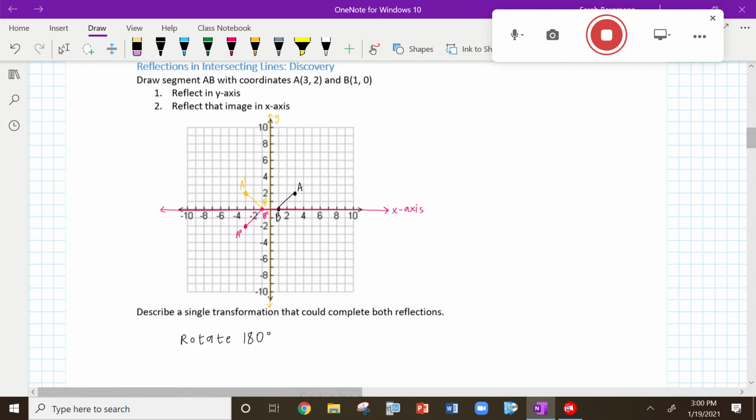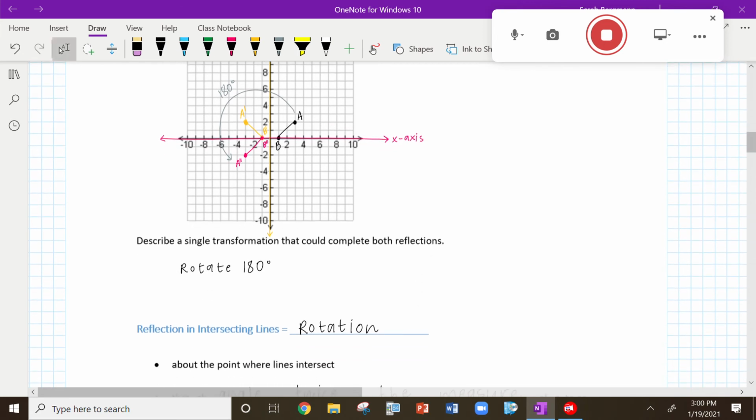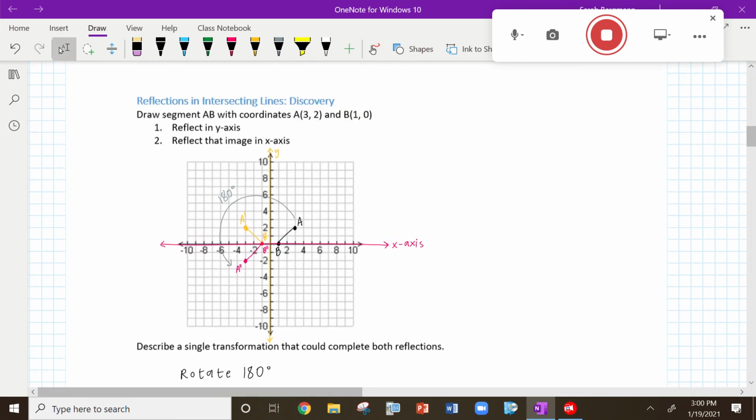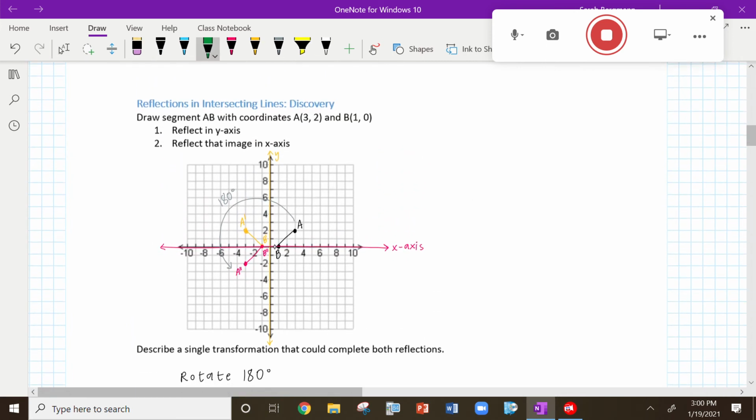If you said a rotation, you would be correct. Hopefully you specified and said to rotate 180 degrees. Every reflection in intersecting lines is always equal to a rotation. It's always going to go around the point where the lines intersect. These two lines, the x-axis and y-axis, intersect at the origin.